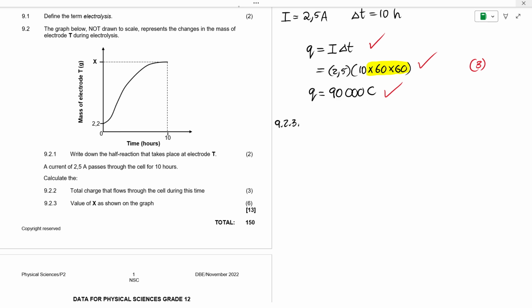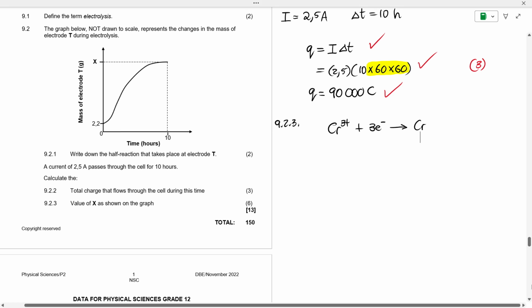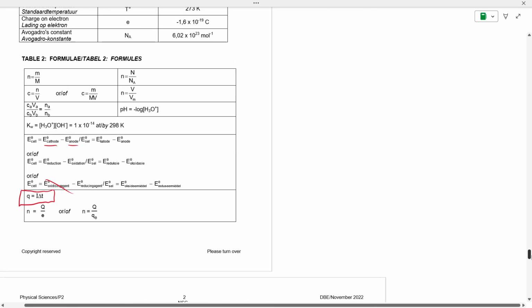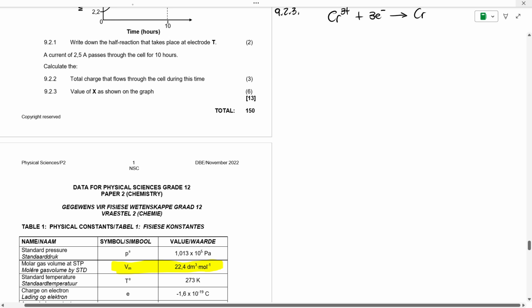So I'm going to write the half reaction down. Chromium 3 plus gains 3 electrons to become chromium solid. Then I'm gonna say, okay, since I know the charge, I can find the amount of electrons that are being transferred in this reaction. I can do that with the help of this equation. Just scroll down to the formula sheet and you'll see an equation that says the number of electrons is equal to the charge over the charge on an electron.